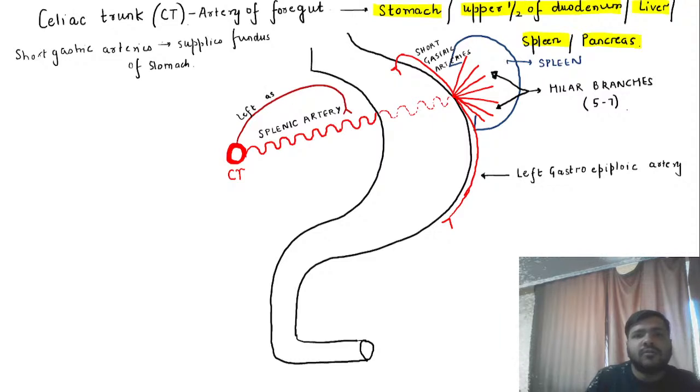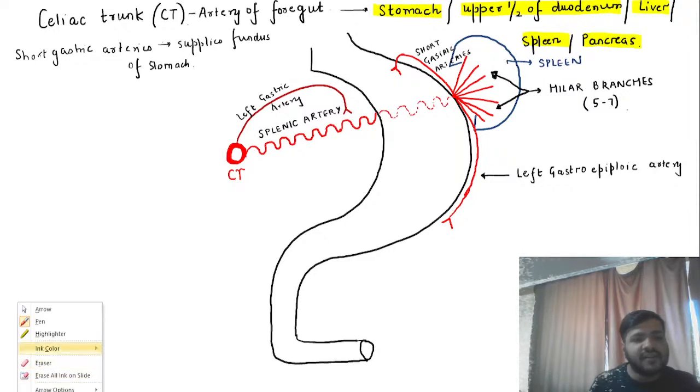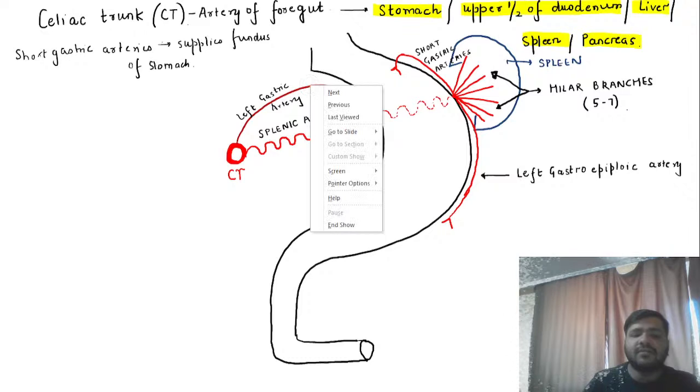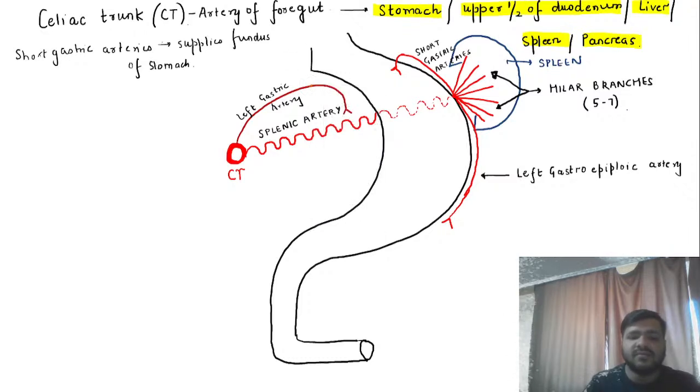Till now, I have shown you two branches direct from the celiac trunk, the splenic artery and the left gastric artery. The left gastric artery will give one more branch, and this branch will supply the lower part of the esophagus, and these are the esophageal branches.